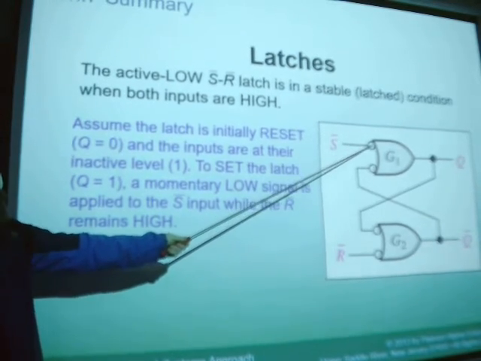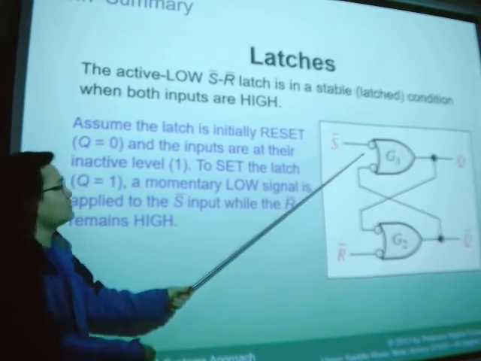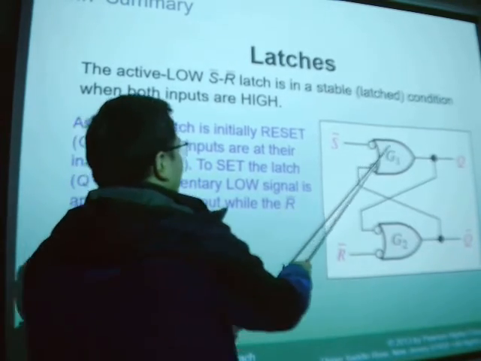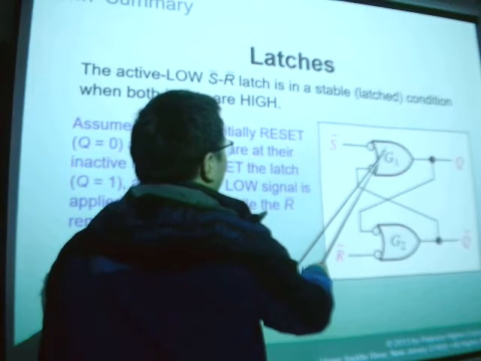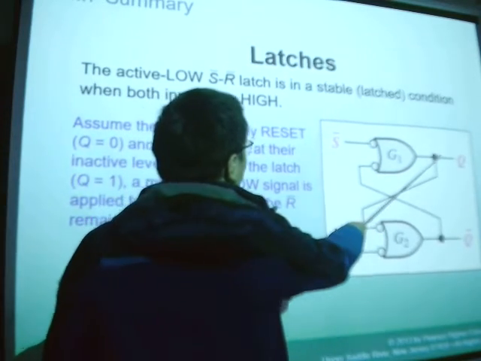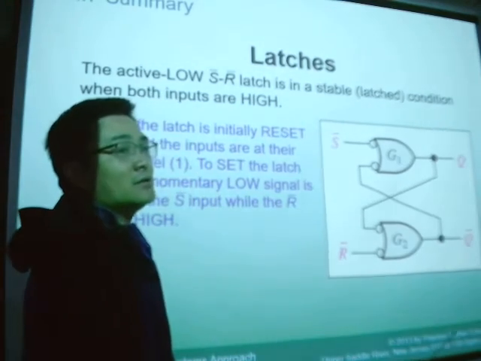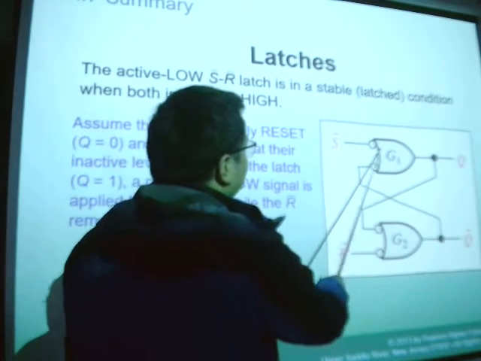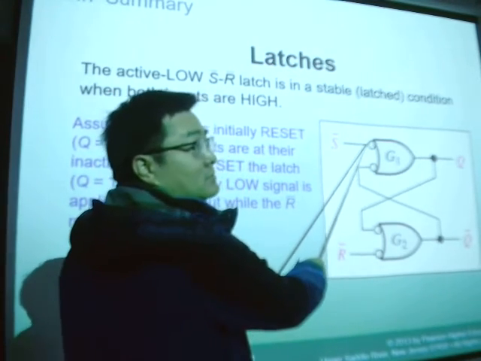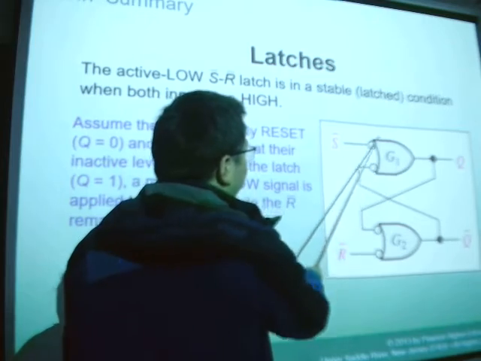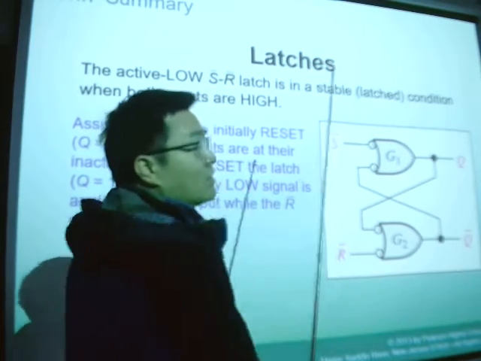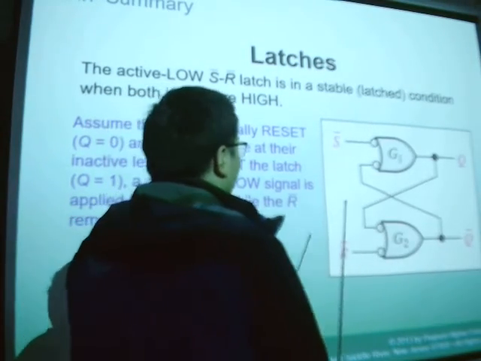Zero in, what will the output be? The output will be 1. 1 plus any value equals 1. Right? This means an inverter. This symbol represents an OR gate.